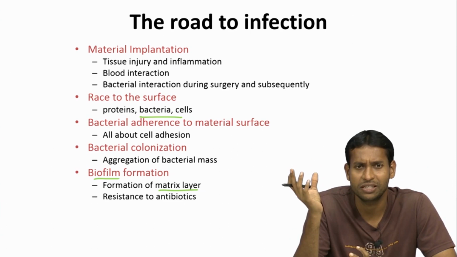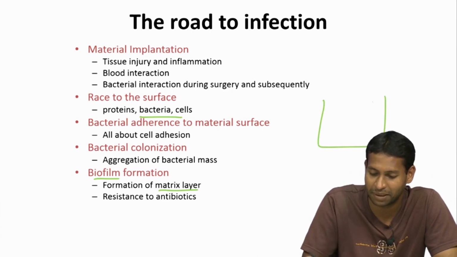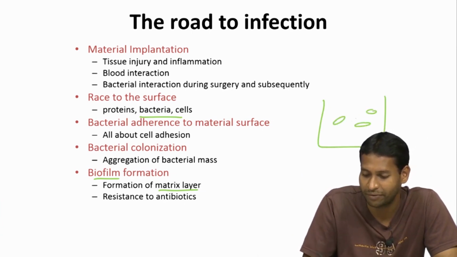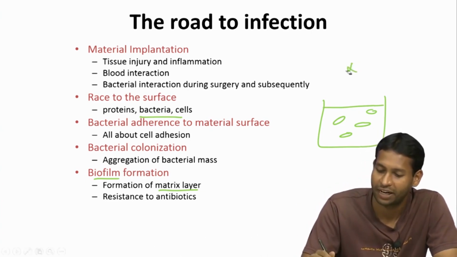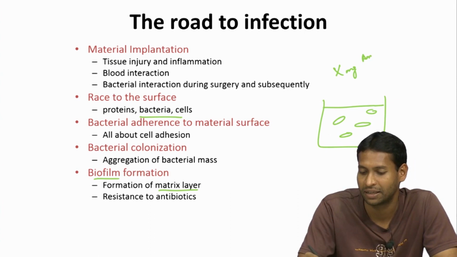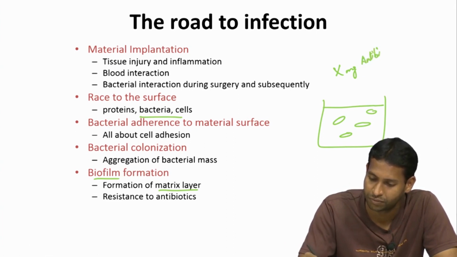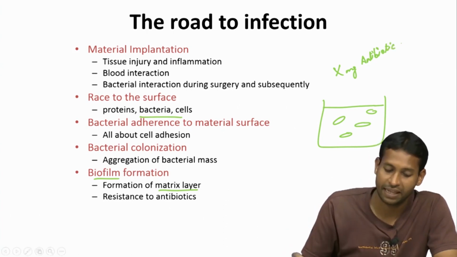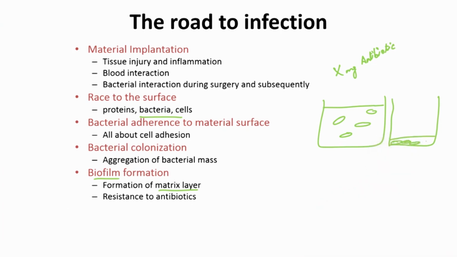So, what has been shown in the literature is this: if you have planktonic bacteria, which means the bacteria are free floating in a fluid, and you require a concentration of X, let us say X milligram, of an antibiotic to kill these bacteria, then let us say now these bacteria have colonized the surface, sitting here in an ECM matrix.